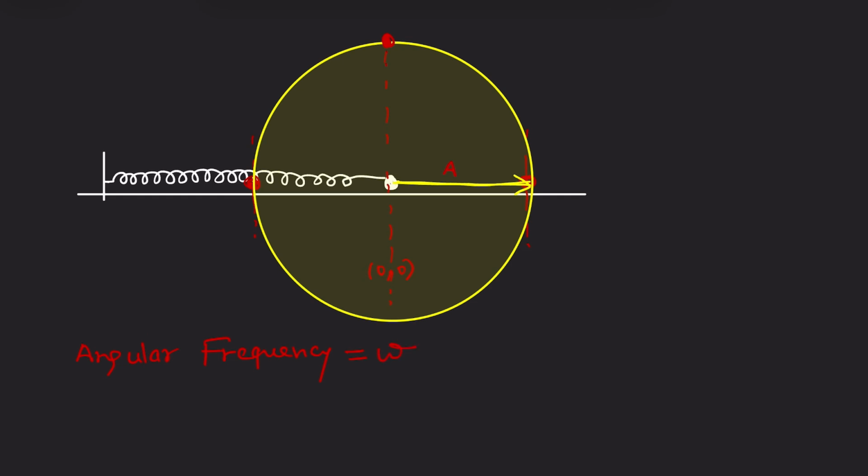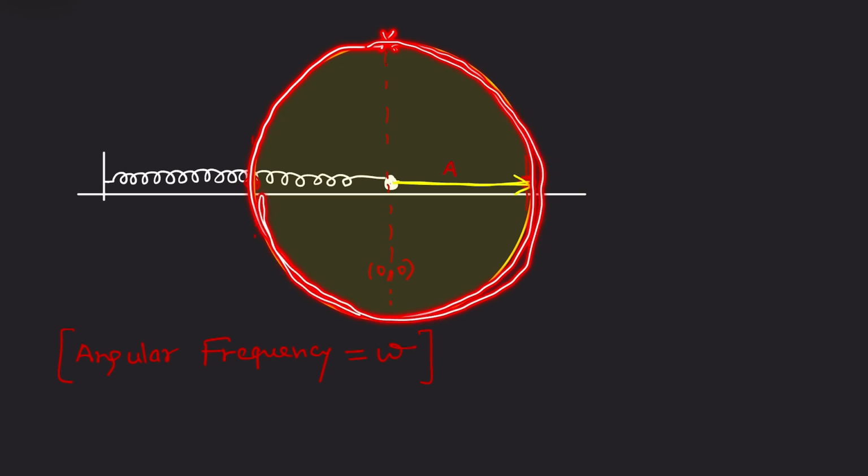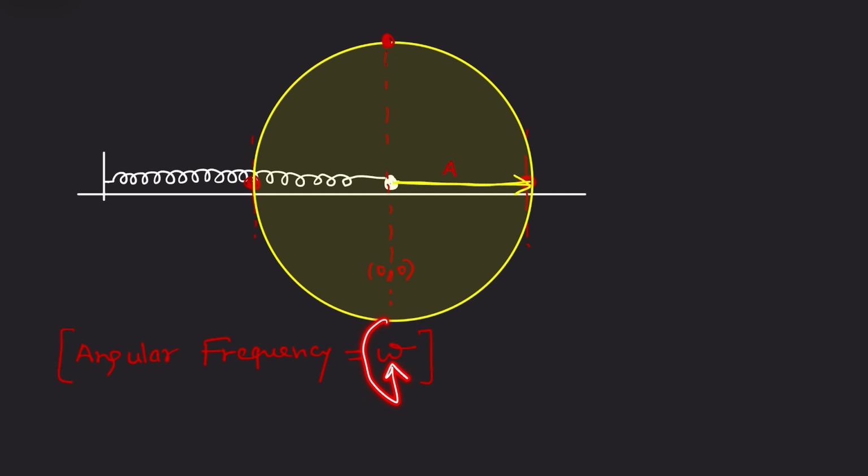And my assumption is that this imaginary particle is going to rotate on this circle. It is going to revolve on this circle with an angular velocity whose magnitude will be omega. Means this particle is going to move on this circle with the angular velocity omega, where omega is this angular frequency only.